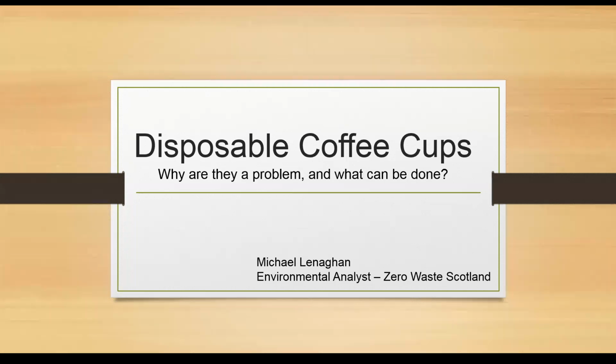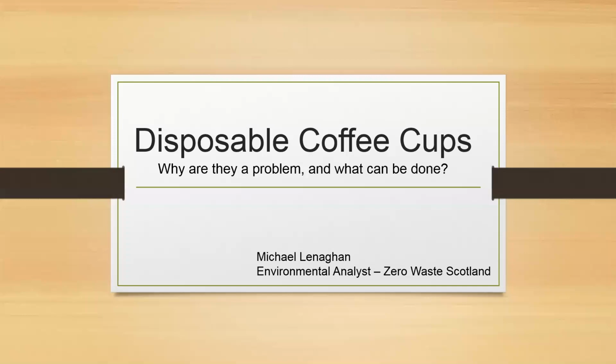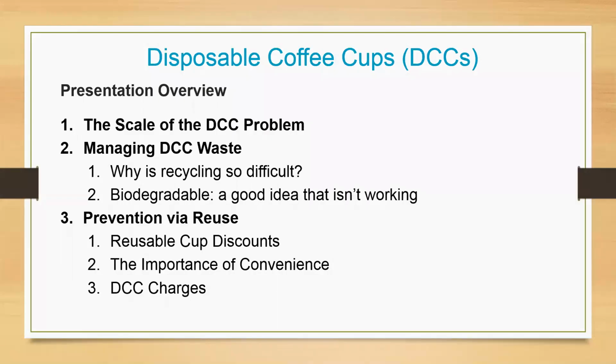So today I'm going to cover, let's see here. Yeah, there we go. So the presentation overview, I'm going to give an overview of the scale of the problem with a particular focus on Scotland, where Zero Waste Scotland is based. Then I'm going to talk about some of the challenges around managing disposable coffee cup, which I'll refer to as DCC waste, particularly recycling and the biodegradable cups and why those are proving a challenge.